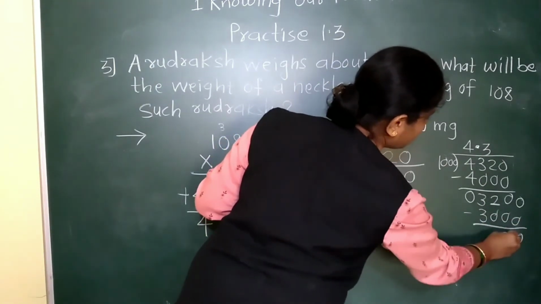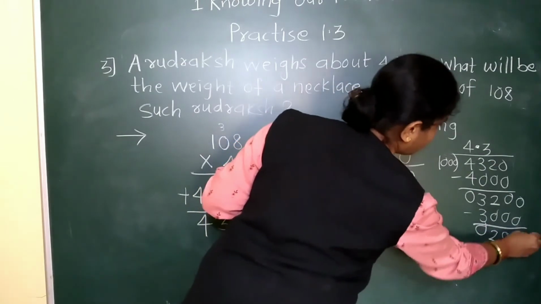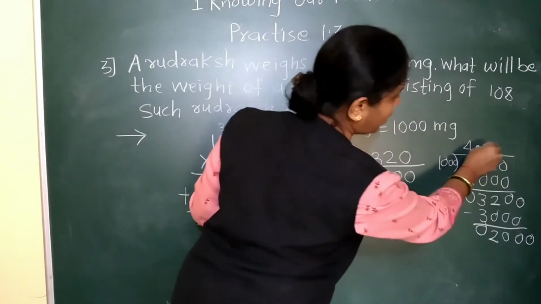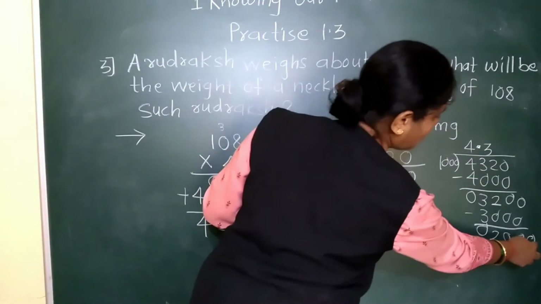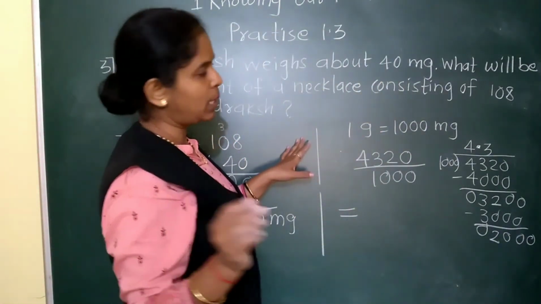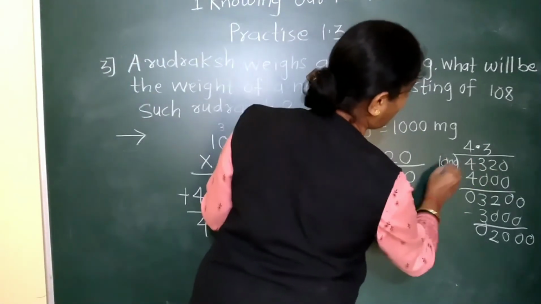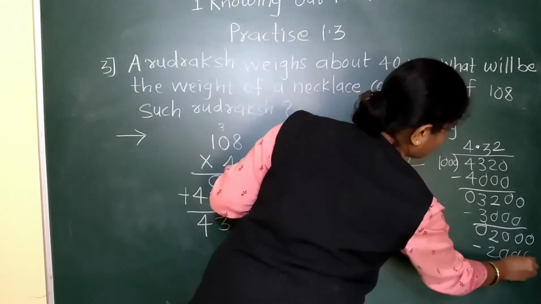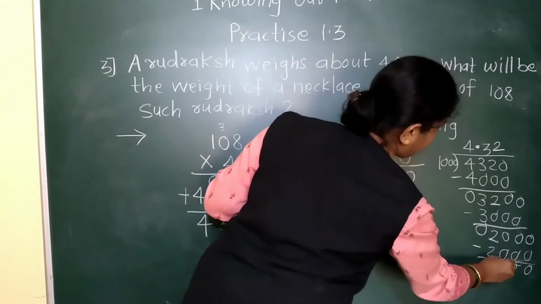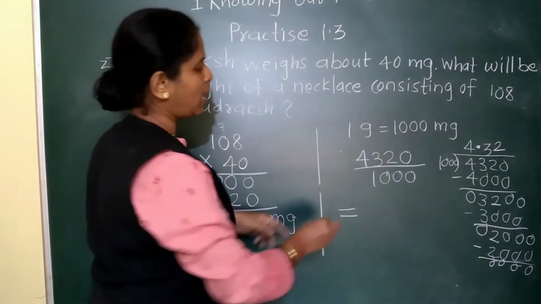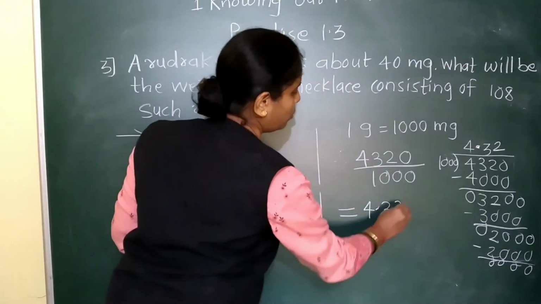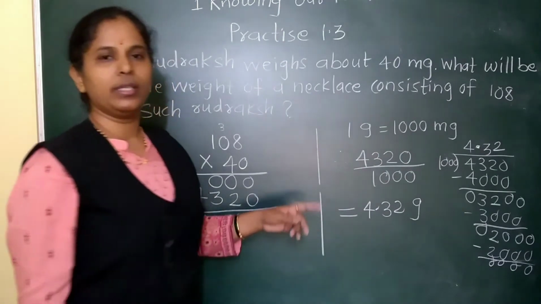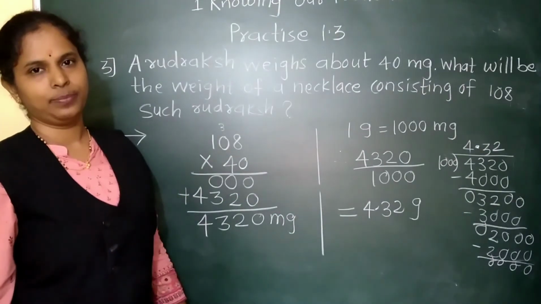Then again you have to take 0. After the decimal, here we can go on taking 0 in place. So 1000 twos are 2000. So what will be the answer? 4.32 grams. In this way we have to do the division.